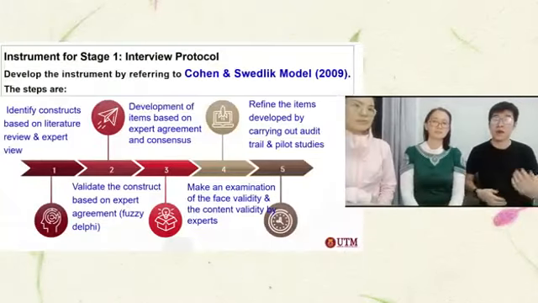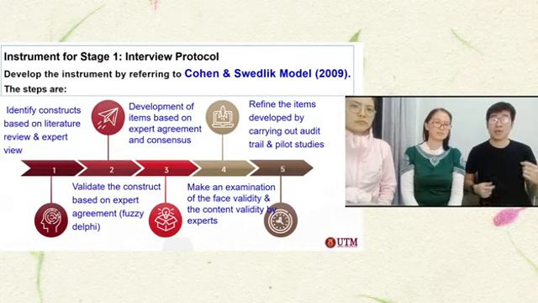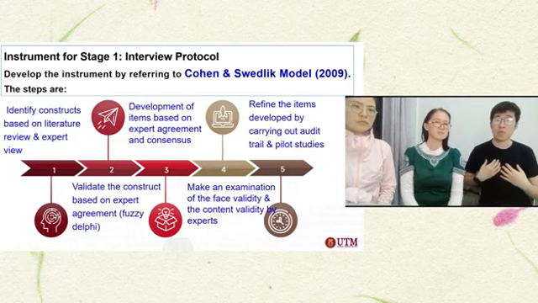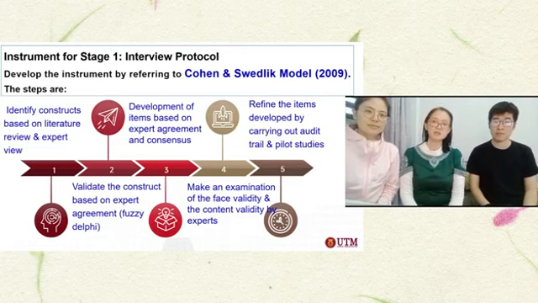We develop the instrument by referring to the content and the Sweet-name model. The first step is to identify the constructs based on literature review and expert review. The second step is to develop items based on expert agreement and consensus.